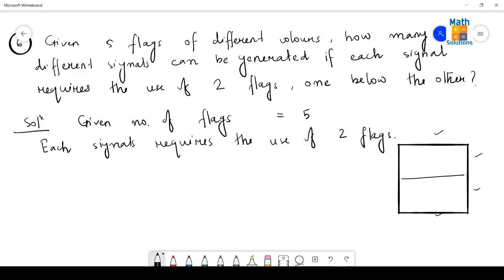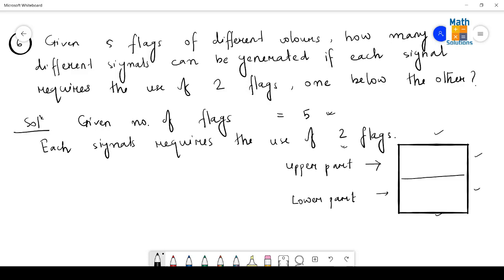So how we shall be writing? In total we had 5 flags. Each signal requires the use of 2 flags. That is why 2 flags we are arranging here. This is the upper part, and this is the lower part, and both the parts should be of different colors, because if both of them are of the same color, it will not represent any signal.